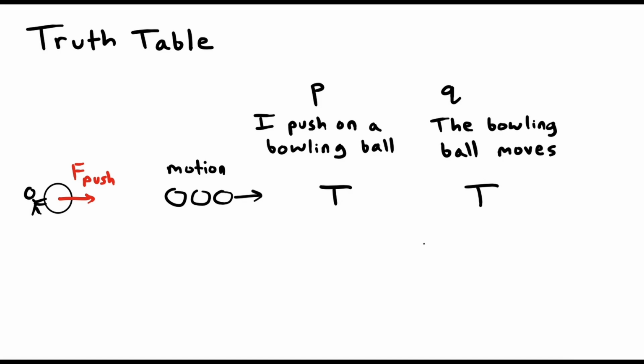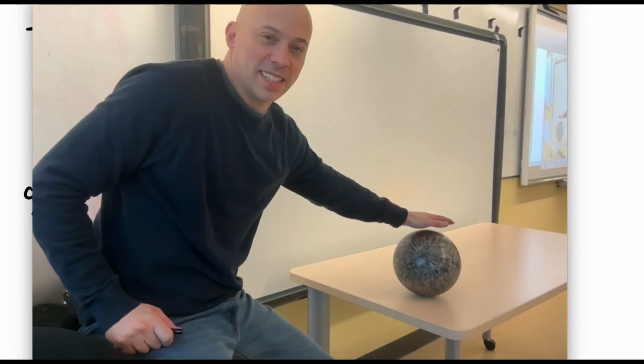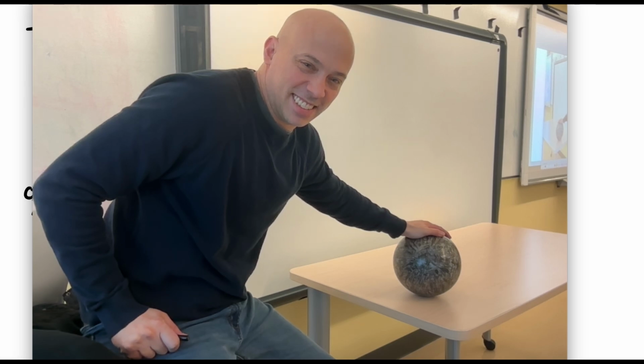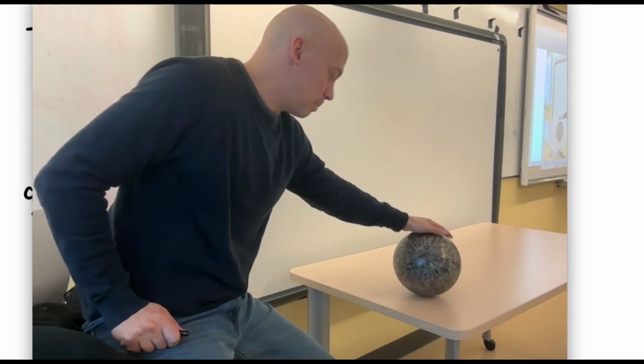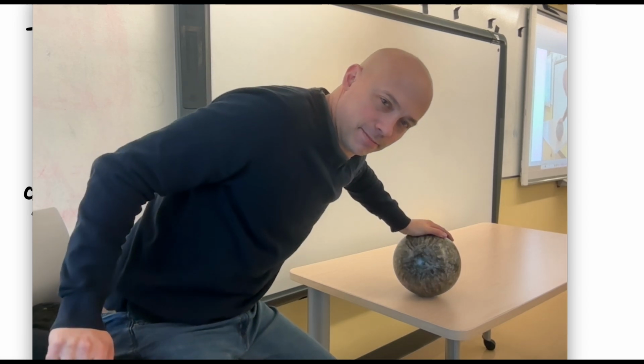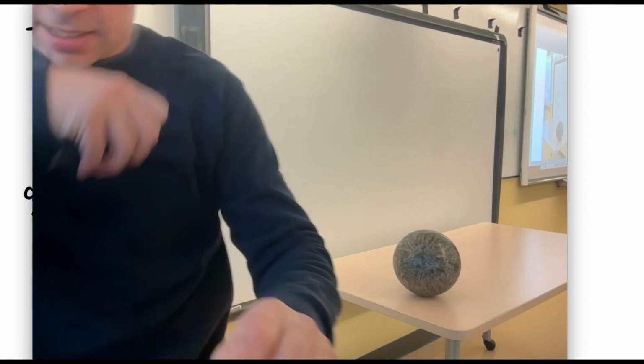But that's not the only possibility that could occur. It might be that I push on the ball and it doesn't move. Is that possible? All right. What about this? Yeah, I promise I am pushing down. But yeah, it's not moving.